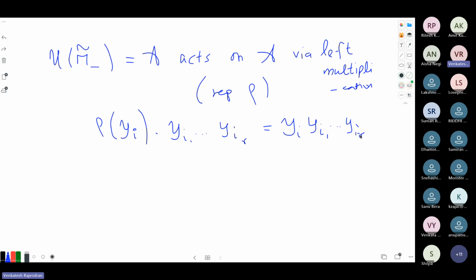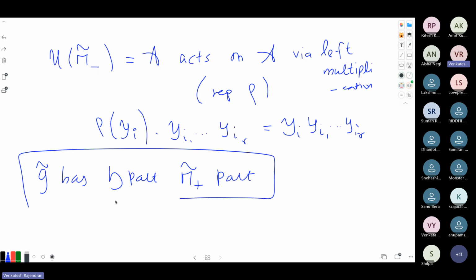This is what the left multiplication means. But then G tilde will have an H part as well as an N plus tilde part, so we have to say how they act.